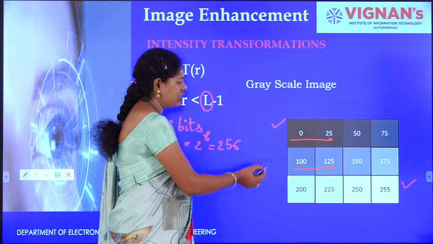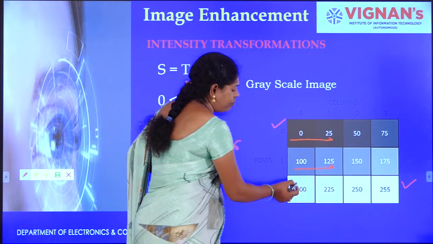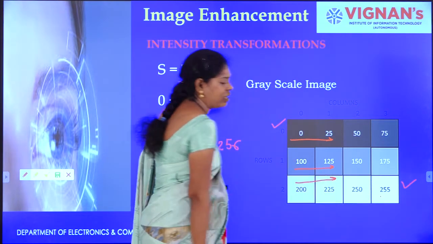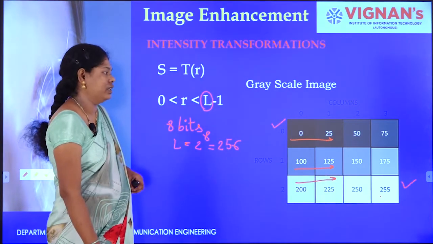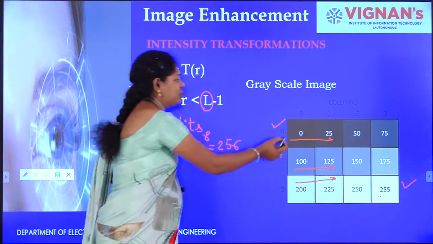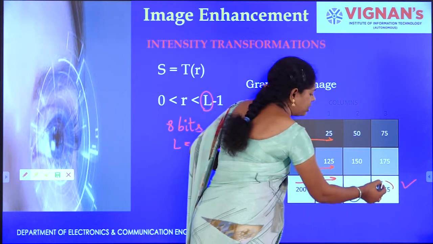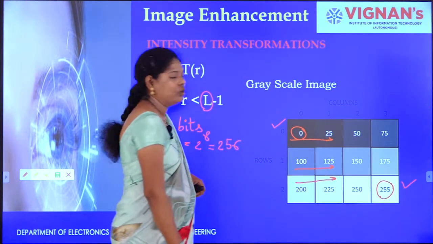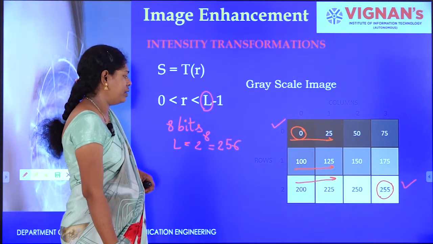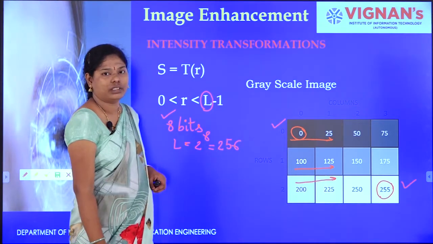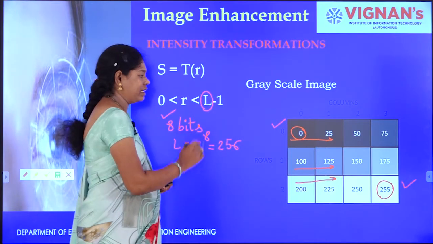As we increase the pixel value, it becomes brighter, and as we move towards the maximum value, we will get pure white color. Always remember this point: black is represented with 0 and white is represented with the maximum intensity value. If we represent 8 bits, then 255 is the maximum intensity value, that is for white.